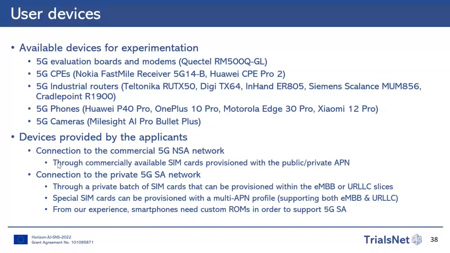But for that, you need a special device that can work simultaneously with two APNs or more. This is the case with this Nokia FastMile receiver from the top list.